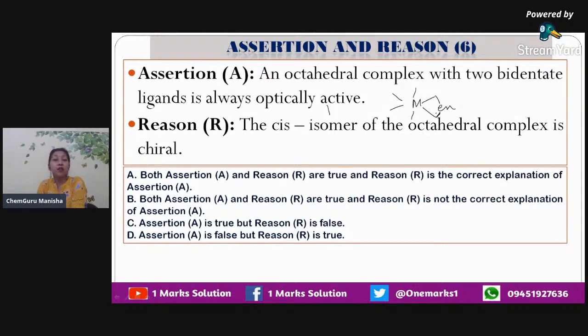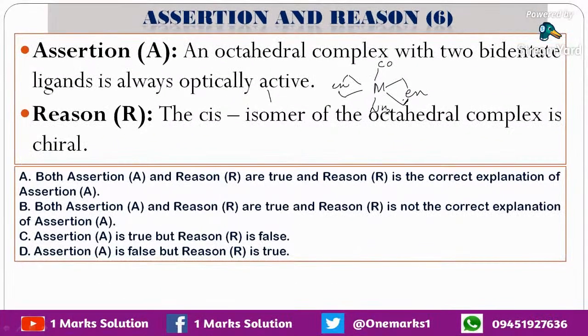Now here, an octahedral complex is not always optically active if we talk about bidentate ligands. Why is it so? Suppose I have en here, and suppose Cl here, and NH3 here. This cannot always be optically active, because if you take the mirror image, you will get this, right?